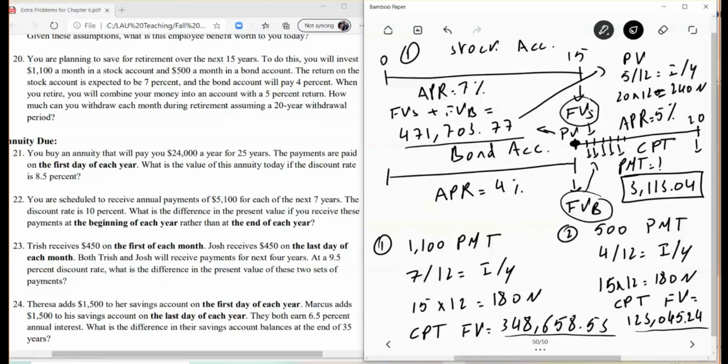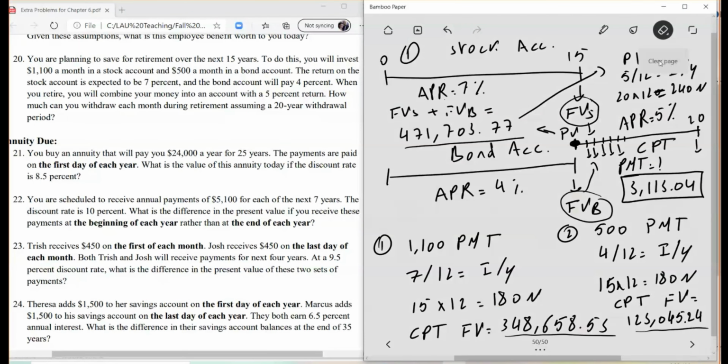Now, that amount of money was invested at 5% compounded monthly, and then each and every month for a period of 20 years, I was able to withdraw an amount of $3,113. So that's it for this retirement problem.